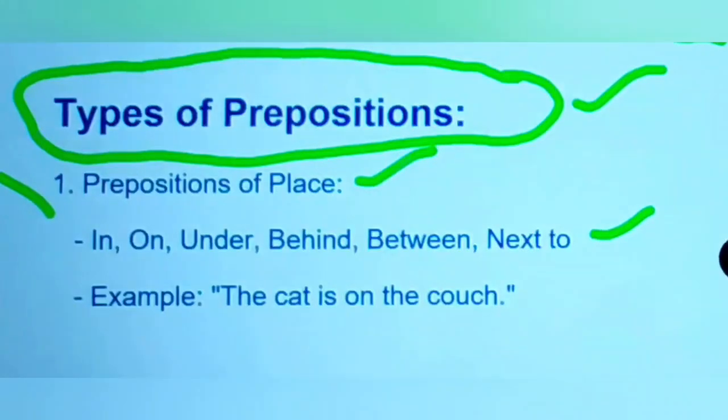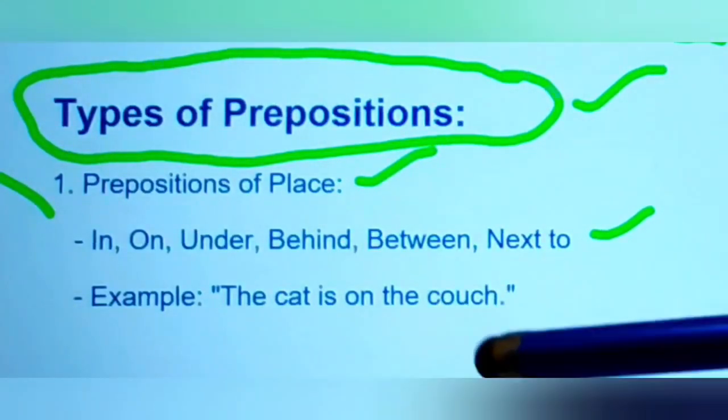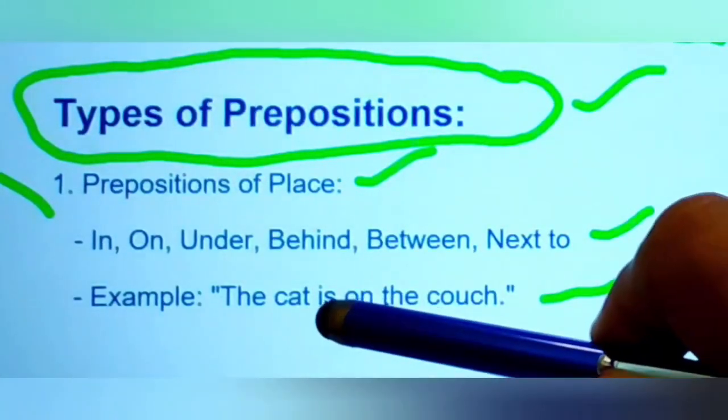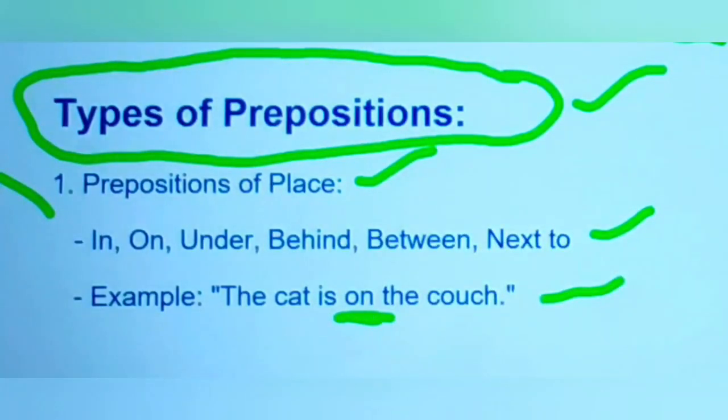For example, in the sentence here, the cat is on the couch. So the cat on the couch describes the location or place of the cat. Hopefully you got the first one, the preposition of place.